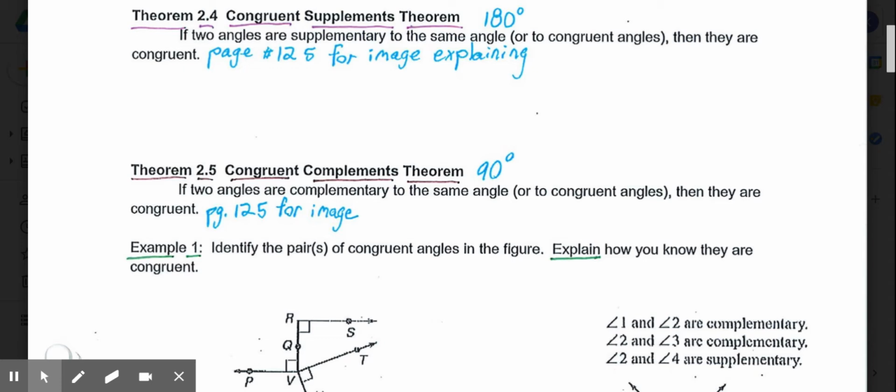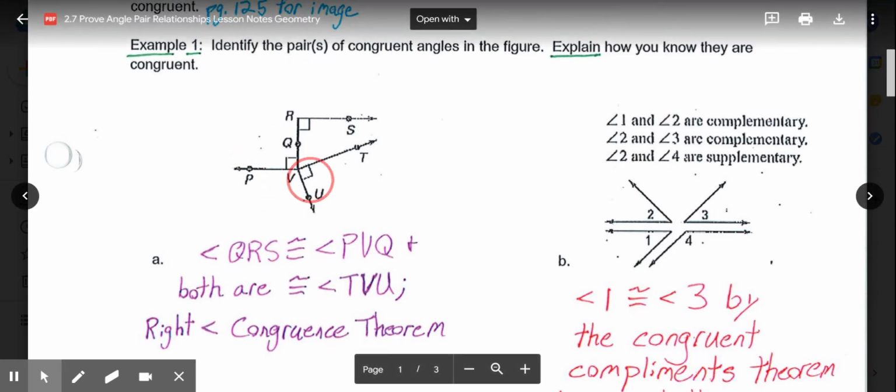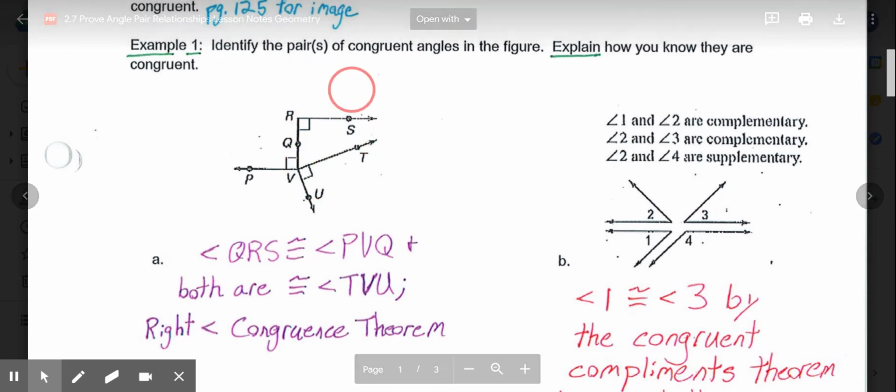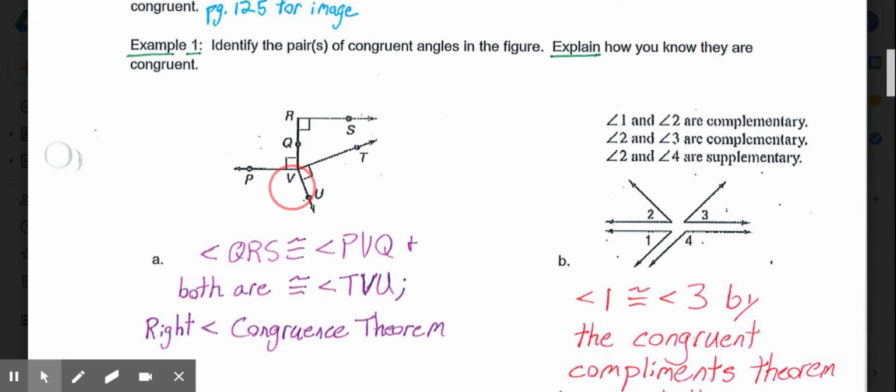So example one, we're going to first identify pairs of congruent angles in the figures. Explain how you know they are congruent. So first, we're just going to start with figure A over here on the left. Now I see right away that my angle QVP is a right angle from the symbol there.